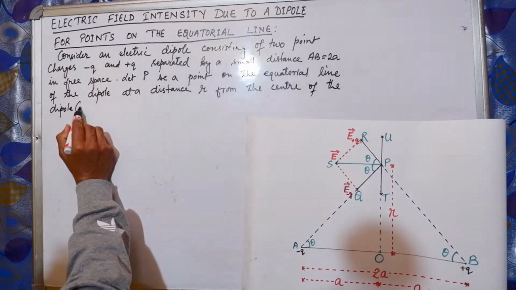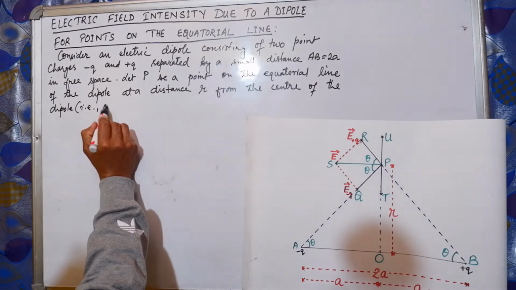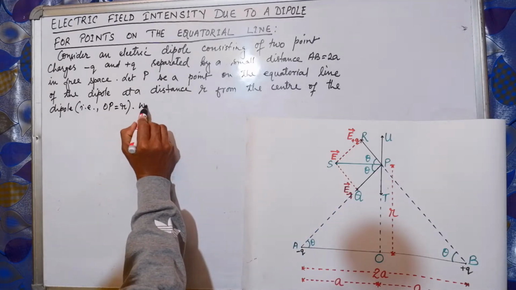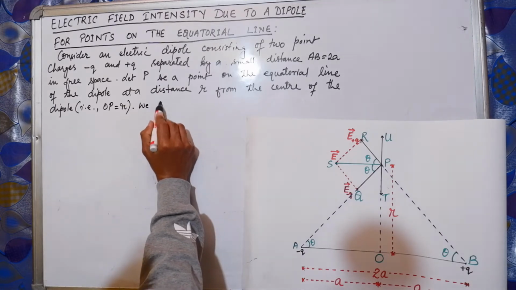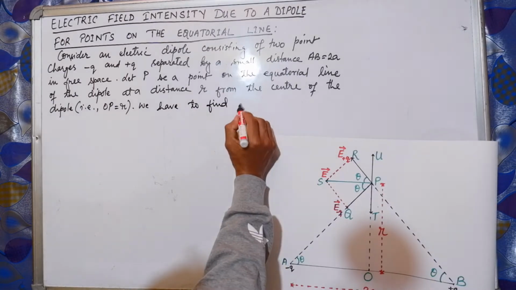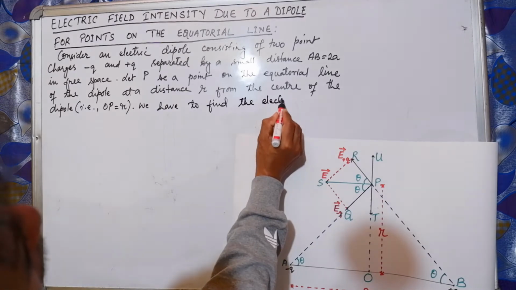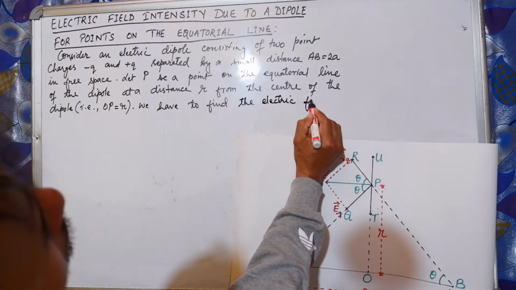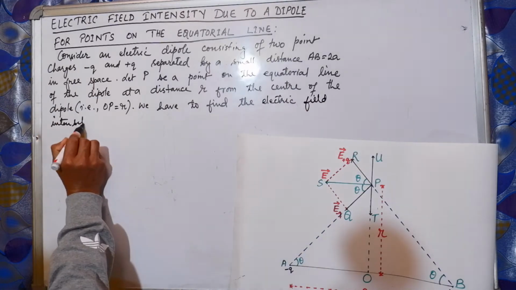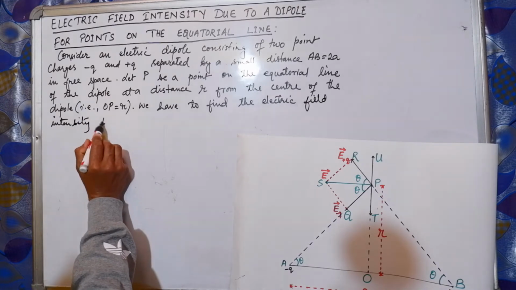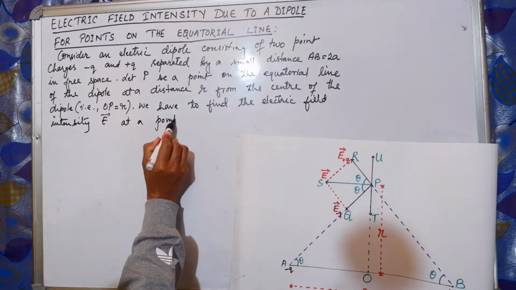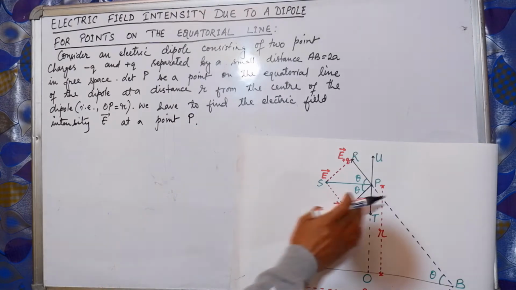Let us say that OP is equal to r. We have to find the electric field intensity, let us say E, at point P.